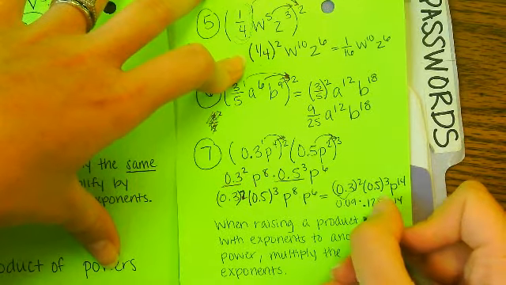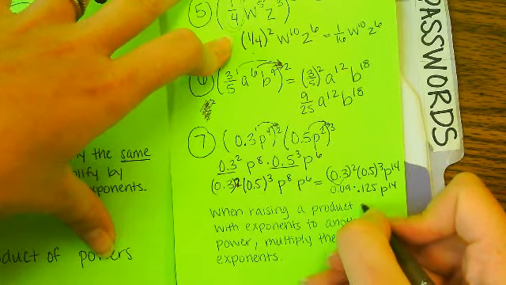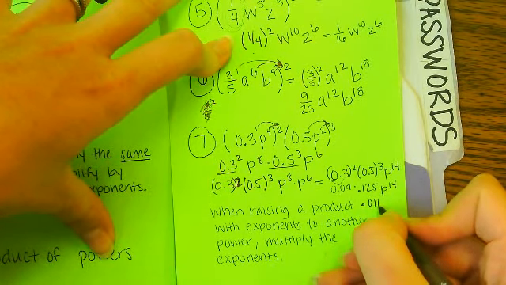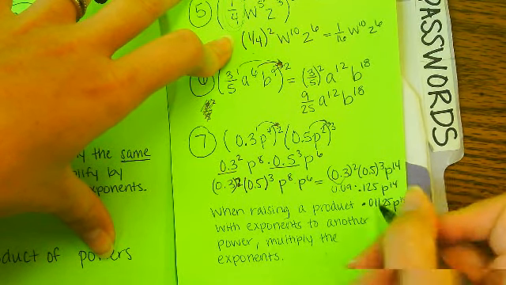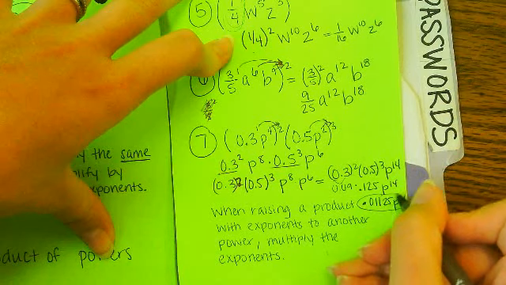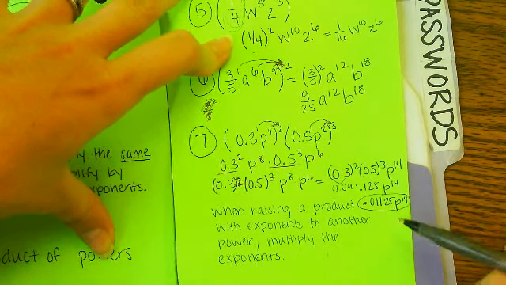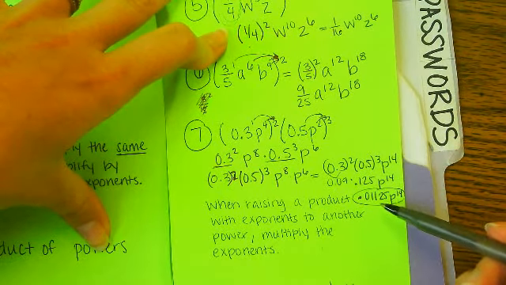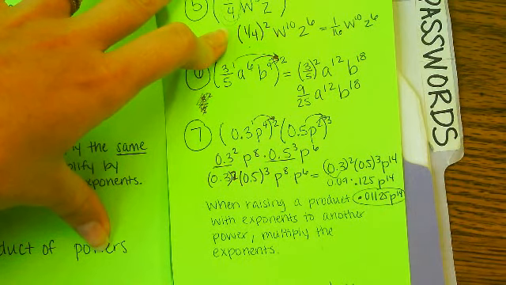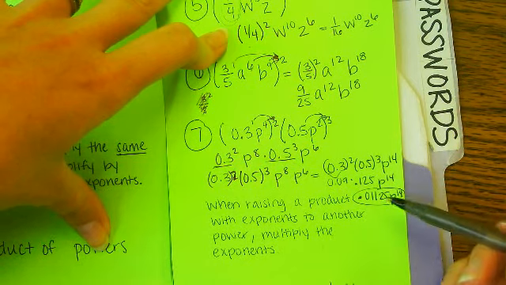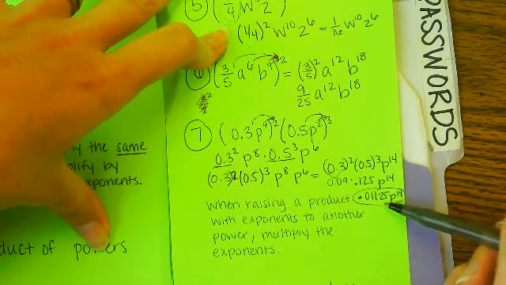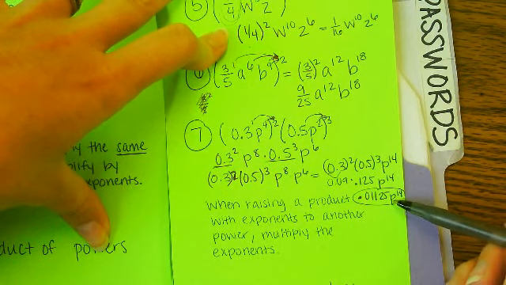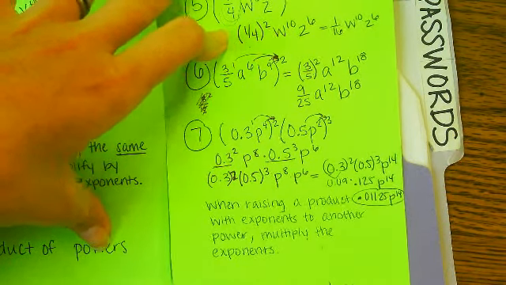And if I were to work that out, eventually, I would get a very, very, very small decimal number. 1,125 hundred thousandths, P to the 14th power. Tenths, hundredths, thousandths, 10 thousandths, 100 thousandths, 1,125 hundred thousandths times P to the 14th power.